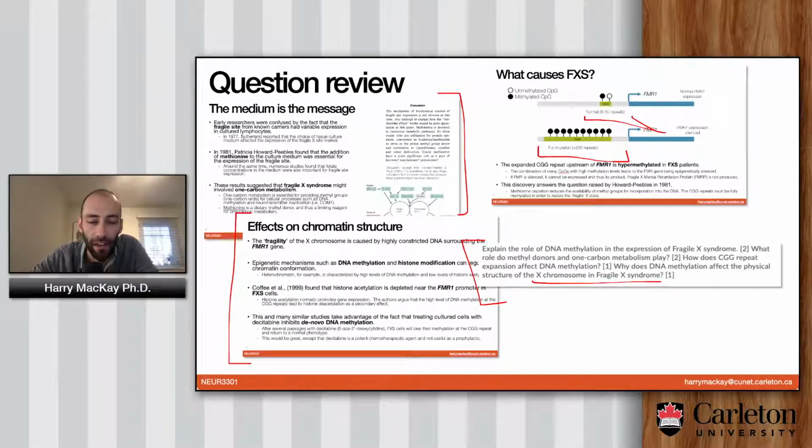So this is slide 15. The fragility of the X chromosome is a result of highly condensed chromatin in and around that mutation. There are places in your genome where the chromatin is supposed to be condensed. That would be like heterochromatin.